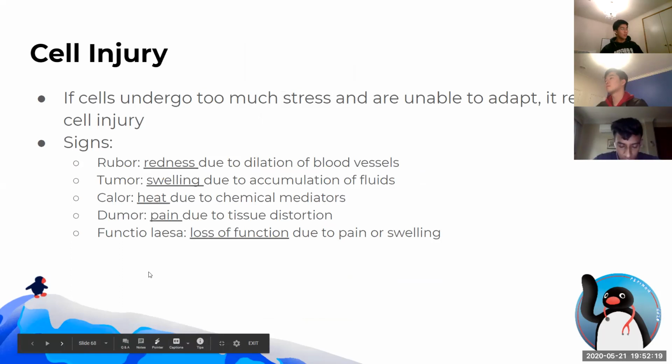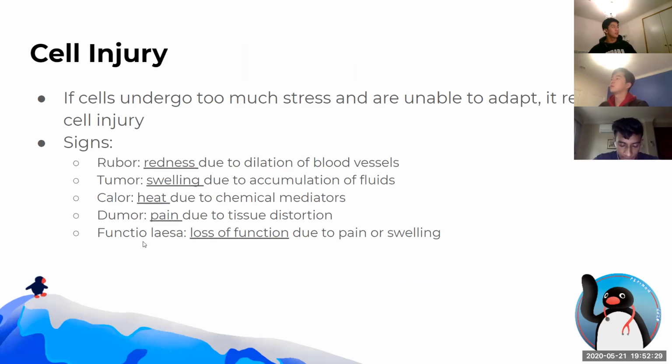I think we presented on this last time, but we were talking about redness, swelling, heat, pain, and loss of function, or the Latin rubor, tumor, calor, dolor, and functio laesa.